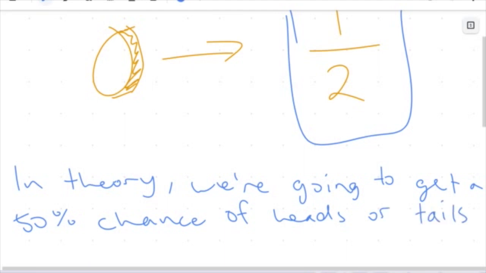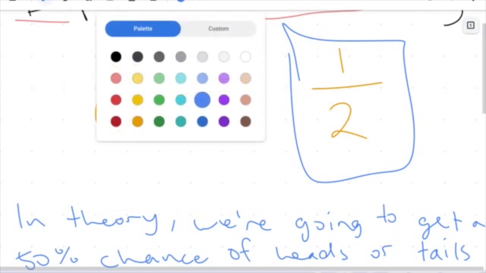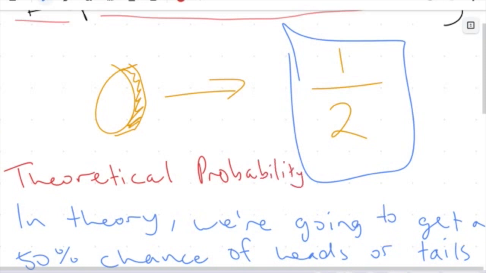So all we are doing here, the way we've laid these things out, our rolling of a die, our flipping a coin, this is what we call our theoretical probability. So this is what I've defined here below as what's going to happen in theory.